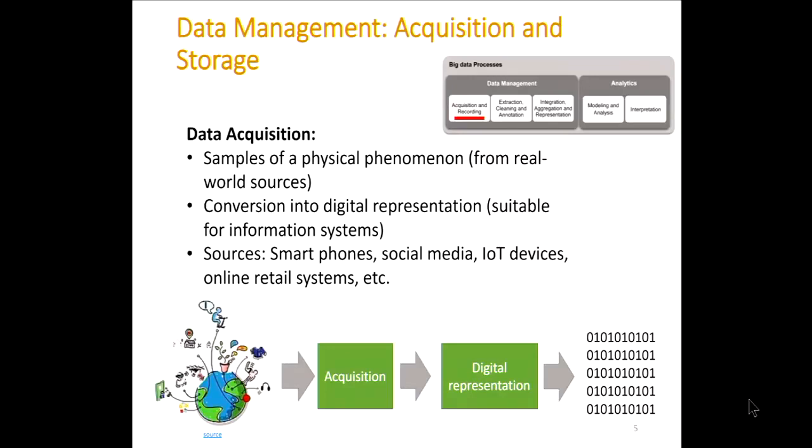So you make a post, you are talking to your friends, but that post is read by people and they start to interact with it. They like it, they comment on it. All these interactions are digitized and you can acquire them in order to do some processing and draw some insights. Similarly for IoT devices and online retail systems, all these are interactions you're doing in the physical world.